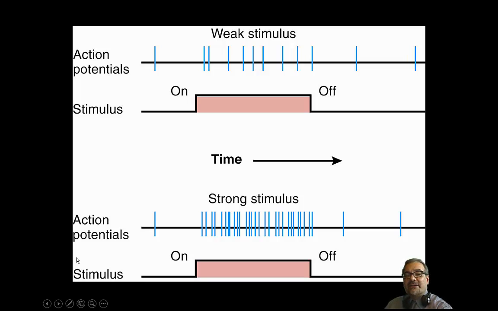Now, another question that is of significance is, well, if the signals are all or none, meaning they are digital signals like turn on, turn off, how does all of this variety of intensity get coded?